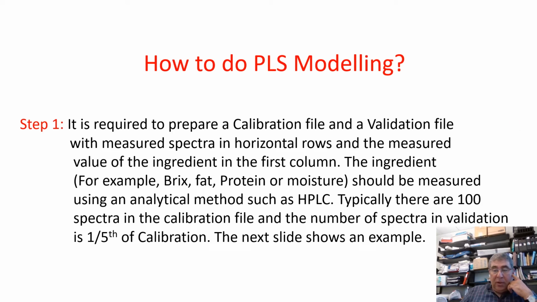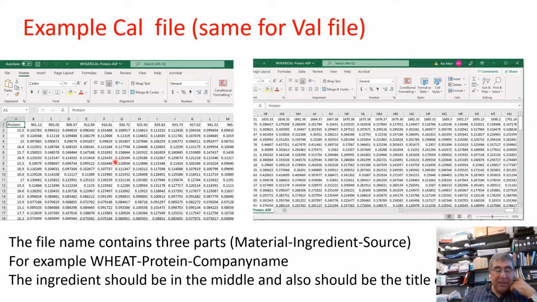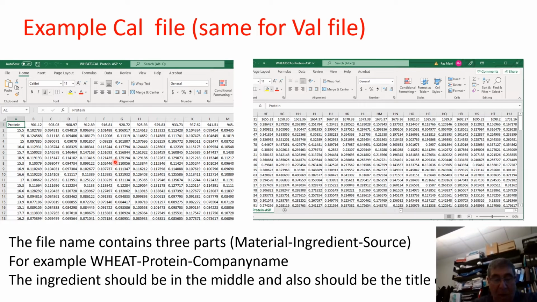So let's go to the next slide, and you see this is raw data from the NIRvascan. So you need to basically copy the wavelength, which is in column A, and the absorbances in column B. So you have to select each one of them individually, and then you would copy it into an Excel file with all the wavelengths in horizontal rows.